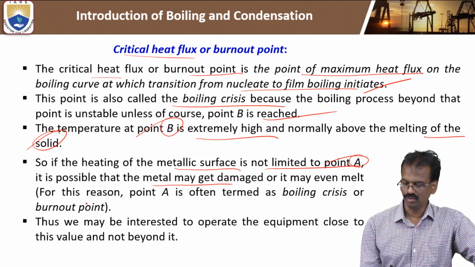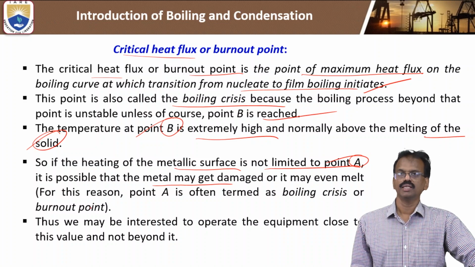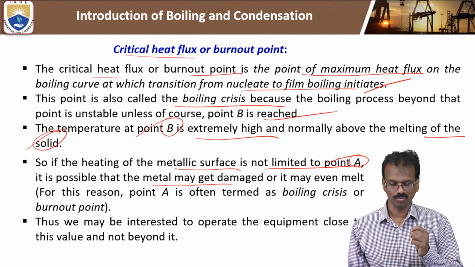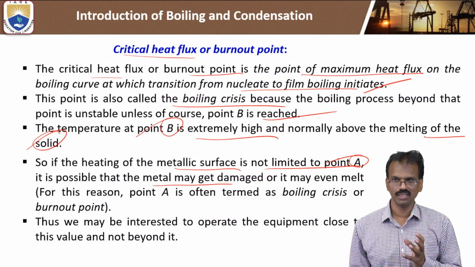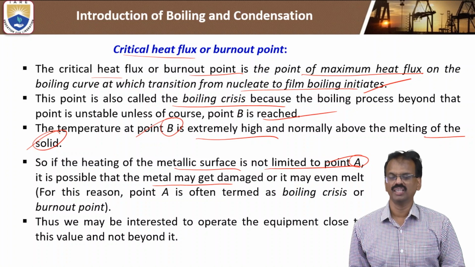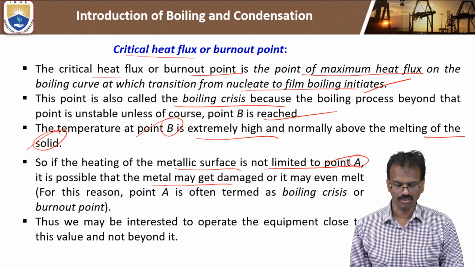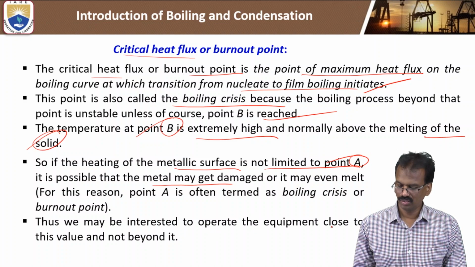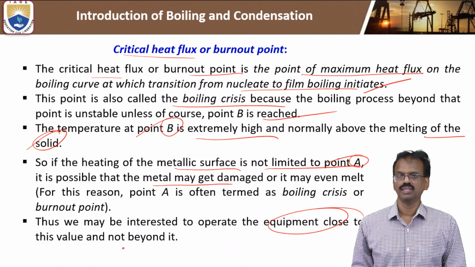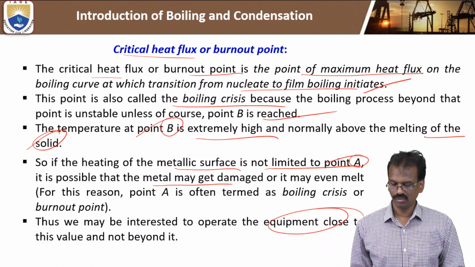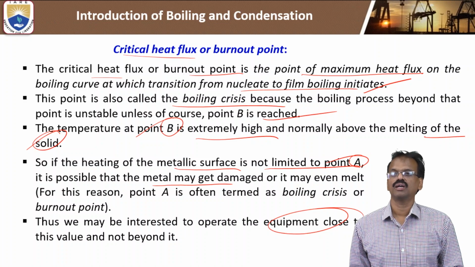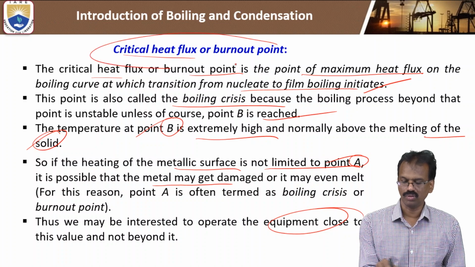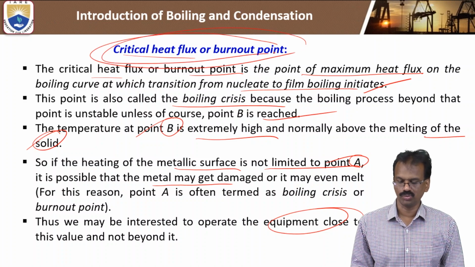It may even melt, because if the melting temperature of the metal is less than that at the critical heat flux, we will see damage to the metal in the boiling process. Thus we may be interested in operating the equipment close to this value. For equipment safety, we have to consider and find the critical heat flux point also.